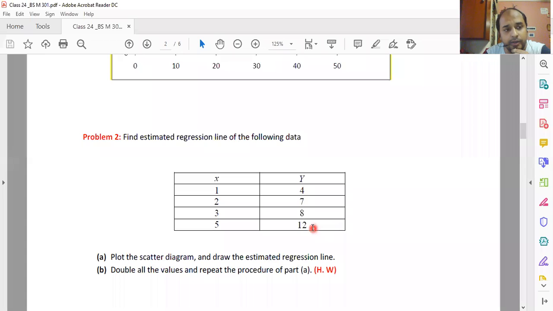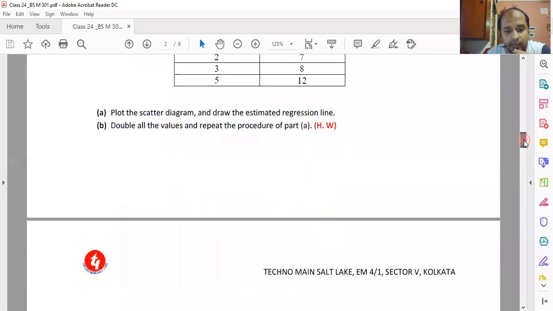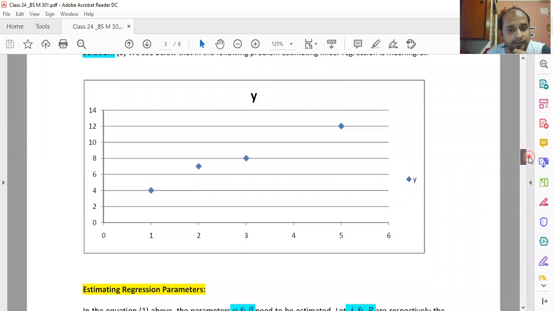Here, I am again going to first plot the scatter diagram to check whether linear regression analysis is possible or not. And if possible, let us find how to fit a linear regression model to the given problem. So again, I have taken the help of Excel and plotted the points.